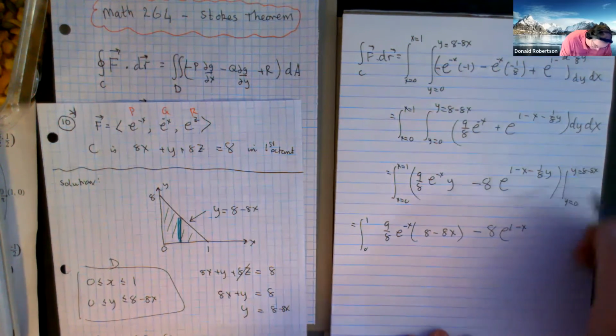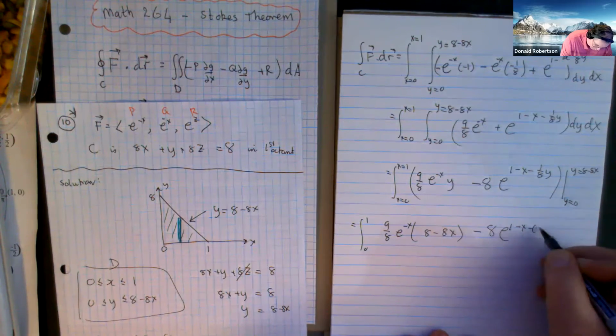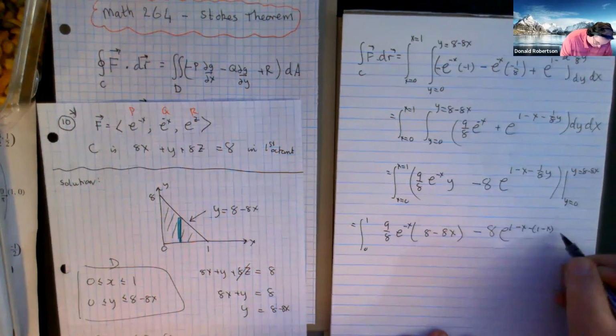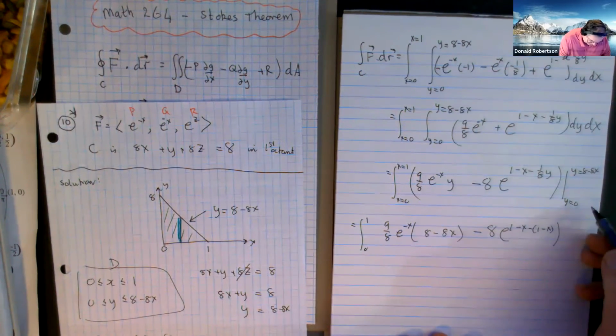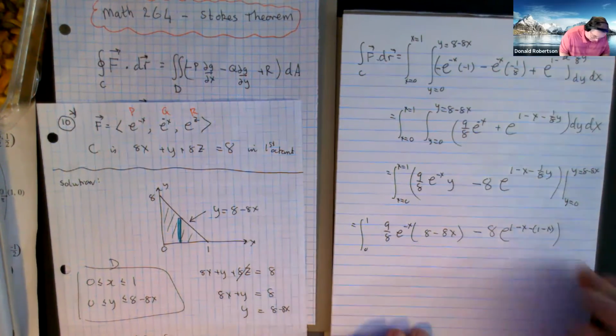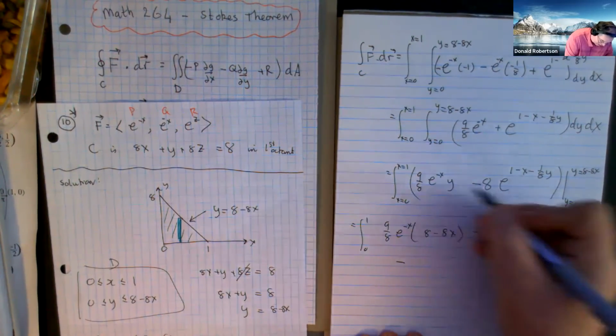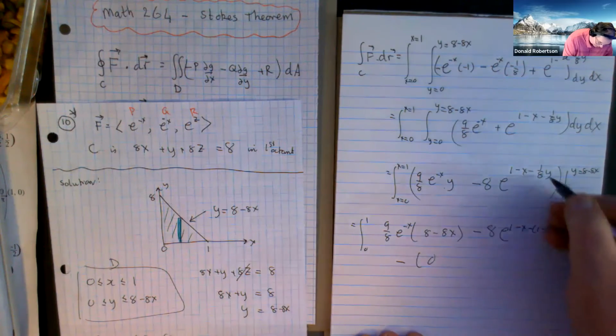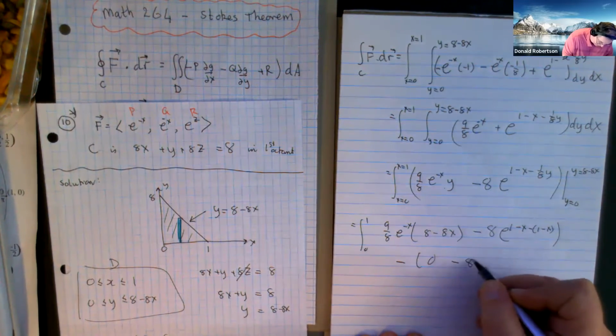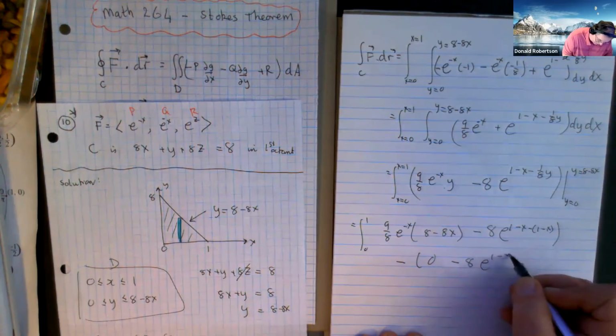And if you do 1/8 of that, you take away a 1 minus an x. And that's one term. Then you subtract nothing, and you plug in 0 here, you get negative 8 e to the 1 minus x.